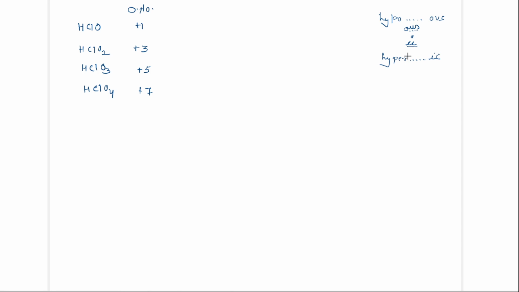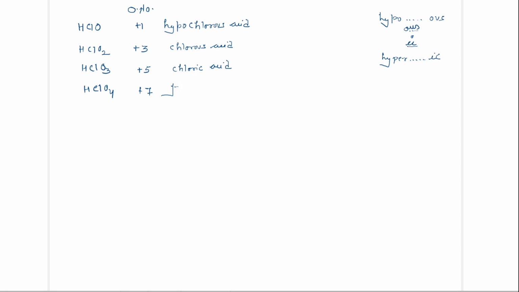So now we can arrange them in the increasing sequence, that is hypo or "ous" suffix. So that will become hypochlorous acid. This will become chlorous acid. This will become chloric acid.